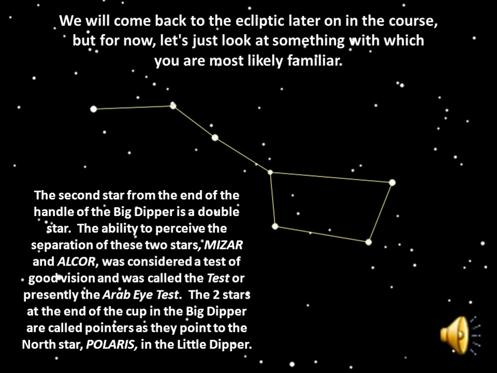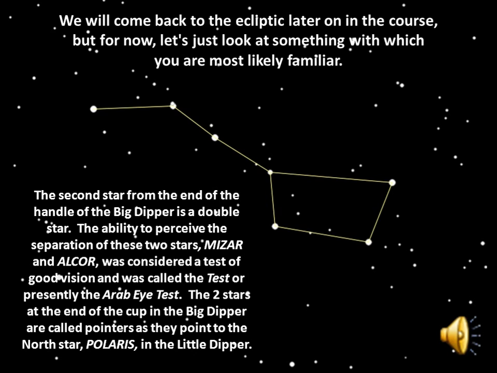Here's something you recognize every time you look at the night sky, the Big Dipper. But you may not know that the second star in the handle is really 2 stars. And if you can see the 2 stars, then you pass the Arabian eye test.